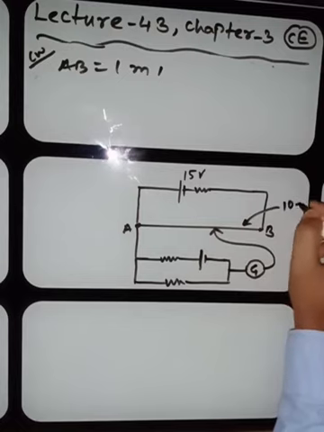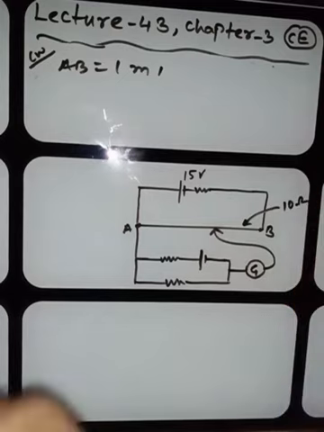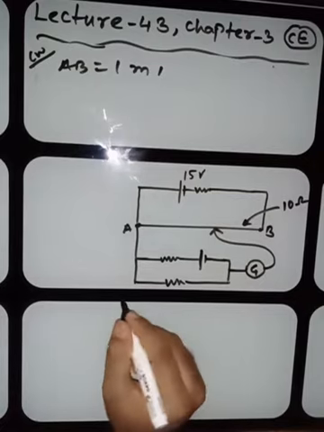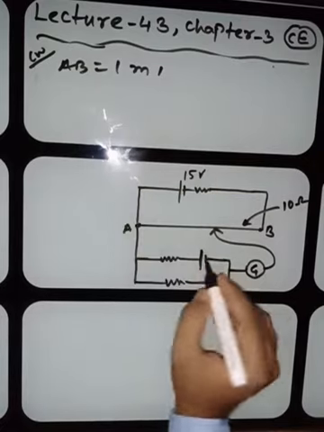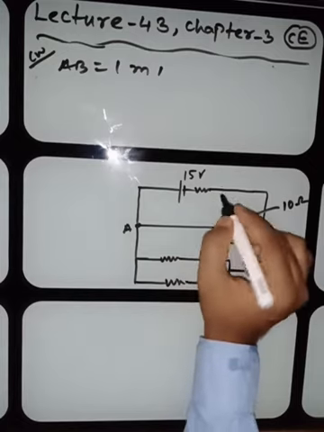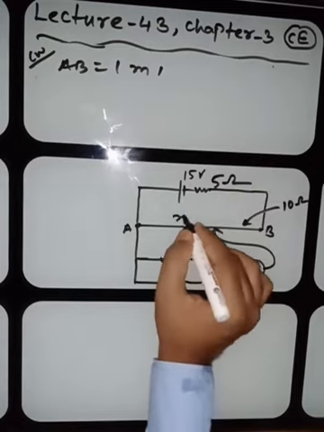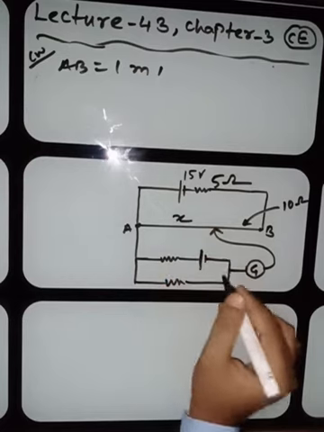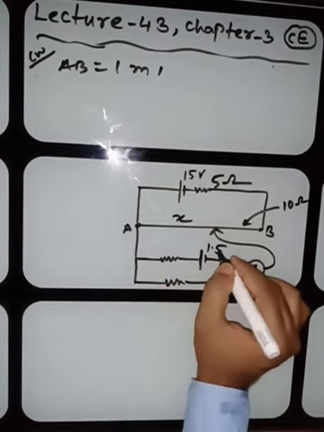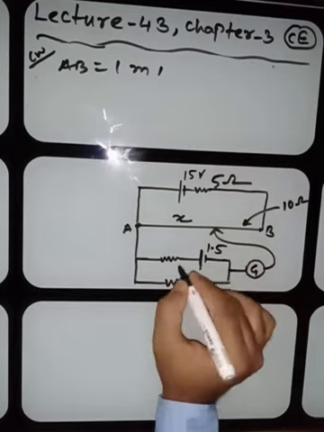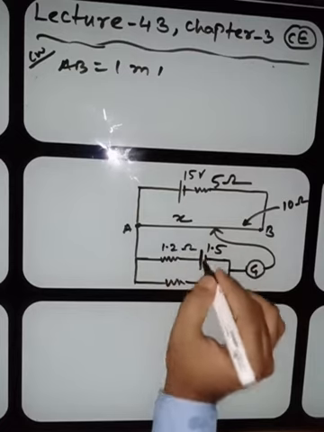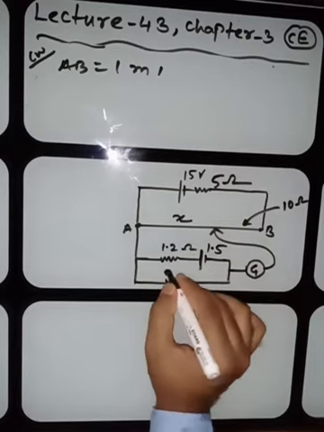Here the resistance is, suppose, 5 ohm, and this is X, 1.5 volt. Here 1.2 ohm, 0.3 ohm.